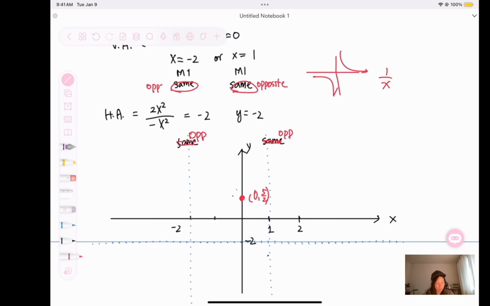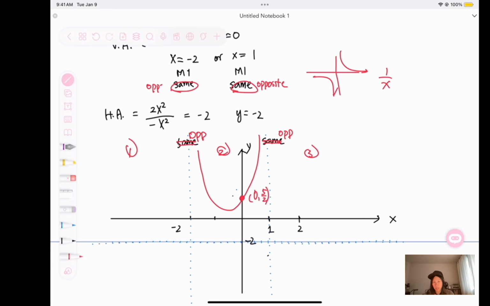Now let's look back to the graph. The vertical asymptotes cut the graph into 3 parts: 1, 2, 3, the left, middle, and right. We look at which one gives us the most information. In this case it would be the middle one. We know there's no x-intercept, so the graph stays on the top, above the x-axis.